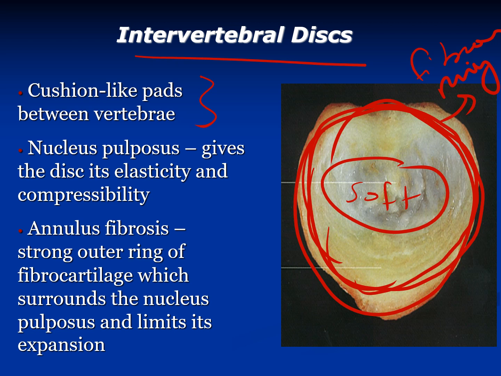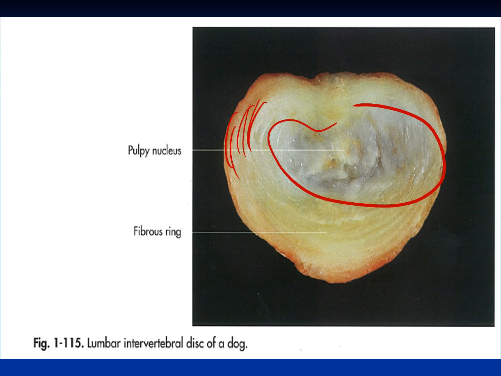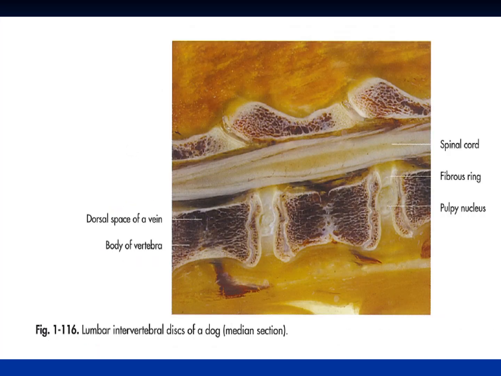We'll talk about that later. Annulus means ring, fibrous ring. And usually the location is found at this area here. See, this is the area between the bodies of the vertebra.